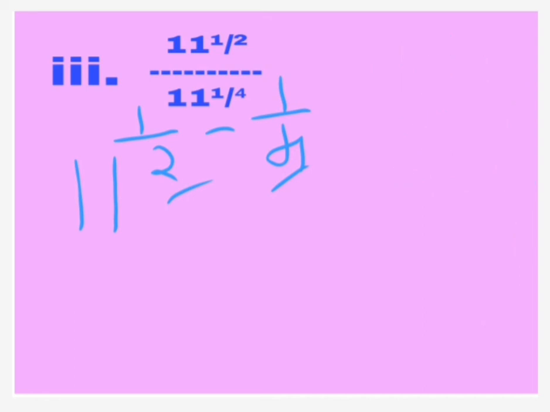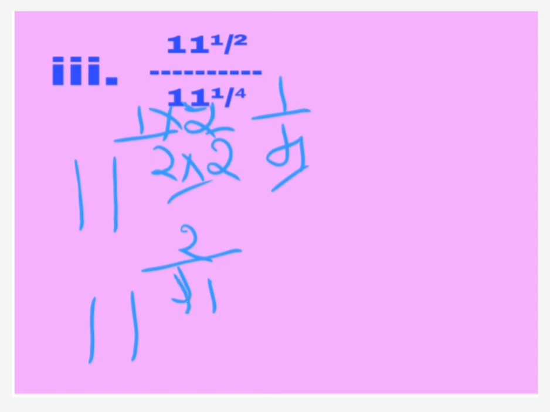Now, to convert this 2 into 4, just multiply 2 here, same number to the numerator. Here you already have 4, so no need to multiply anything. 11 to the power 2 ones are 2 divided by 4 minus 1 by 4, that is equal to 11 to the power 1 by 4.